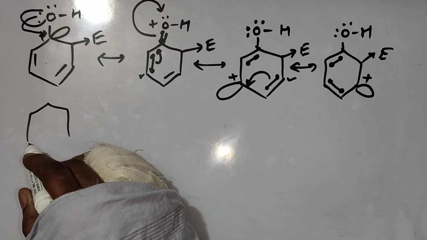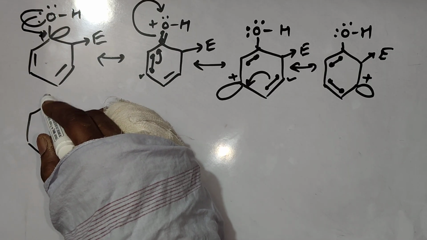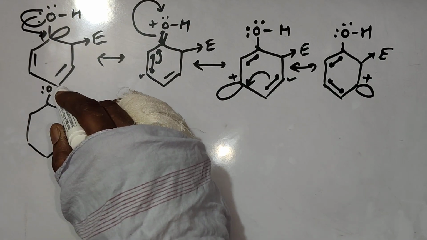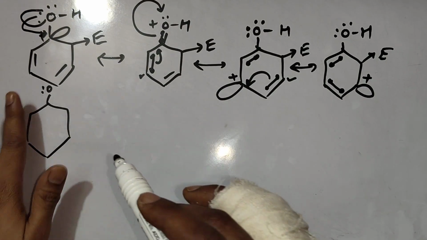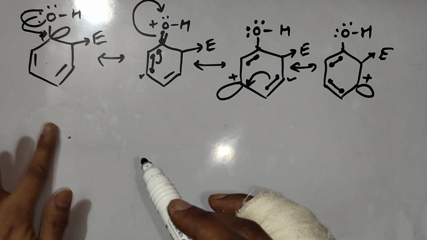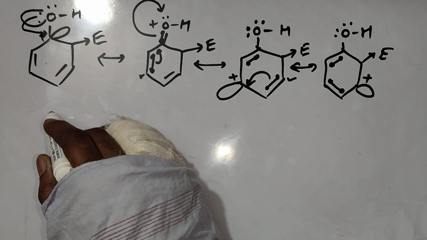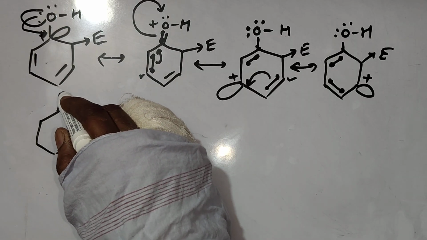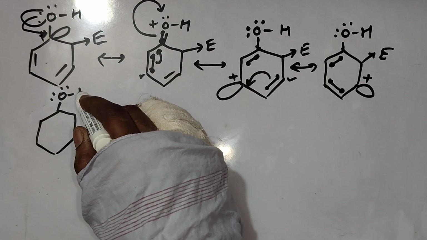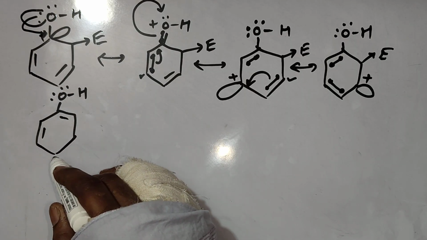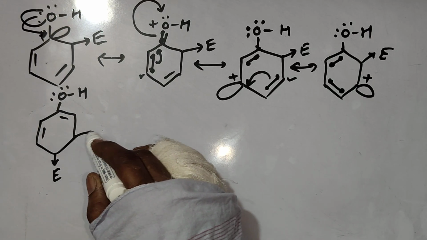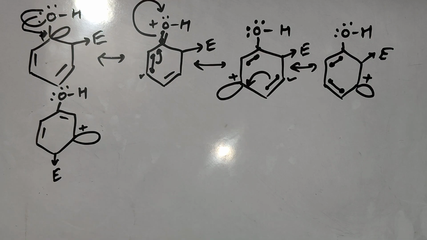Let's check how many times it is getting stability. If E attacks on the para position, a carbocation will generate here.